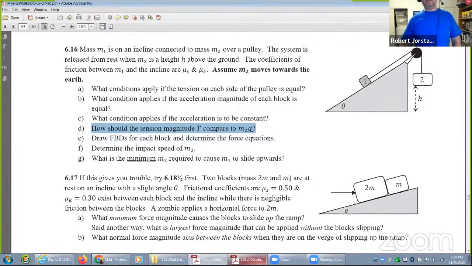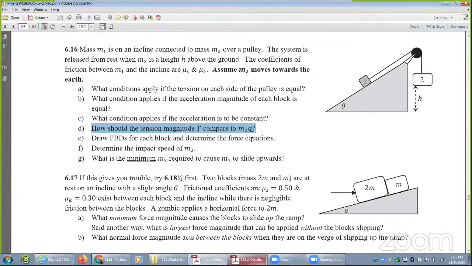How should tension in the string compare to M2G? What are your thoughts? M2G needs to be bigger than tension because it's falling downwards.